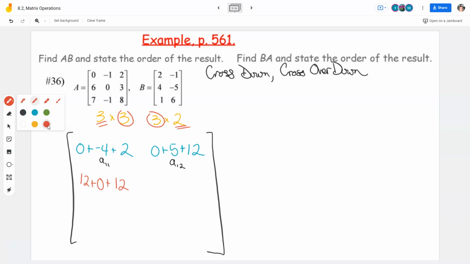Let's see. Multiply, multiply, multiply. Sorry, I do better when I point to it. If anybody isn't pointing, pointing makes it easier. Negative 6, 0, and 8.